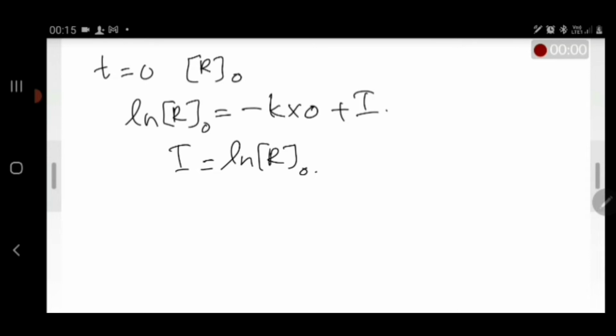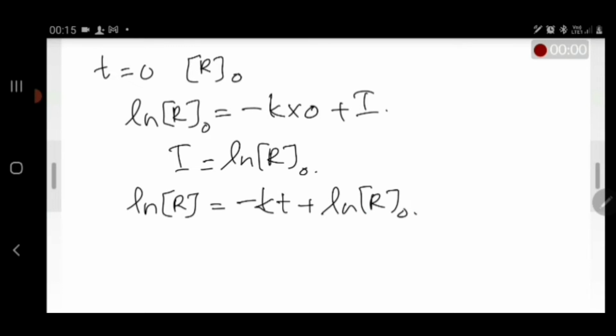Substituting, you get ln R naught is equal to I. Substituting that value in the previous equation, ln R is equal to minus kt plus ln R naught. This is one of the standard equations for the kinetics of first order, the integrated rate equation for the first order reaction.